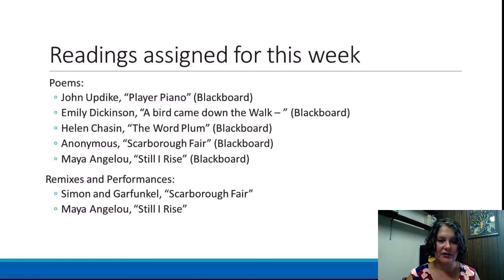One is Simon and Garfunkel's very famous performance of a song, Scarborough Fair, that's based on that old English ballad, and then Maya Angelou's performance of her song, Still I Rise. We'll be listening to these performances and thinking about how the performances reinforce or maybe change the sound patterns that you notice within the poems. I look forward to hearing what you have to say about all of these poems this week.